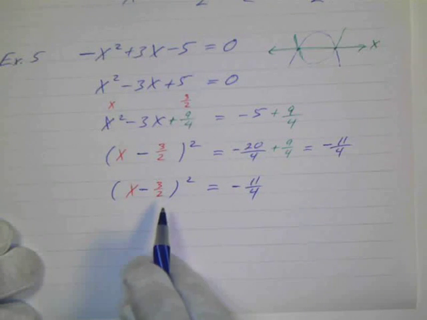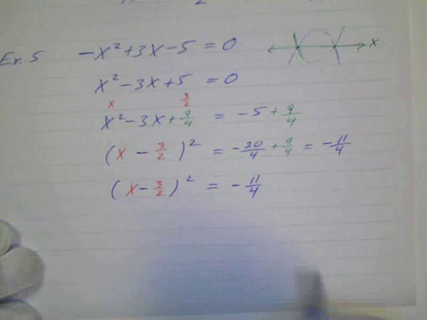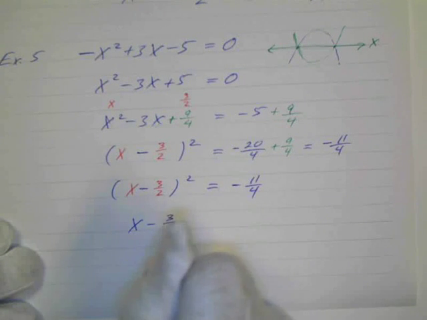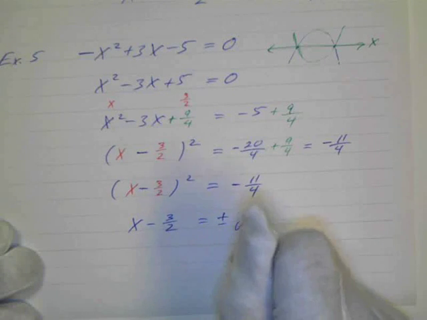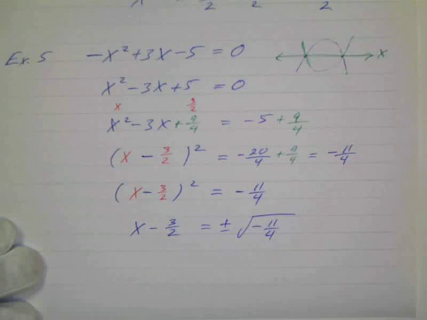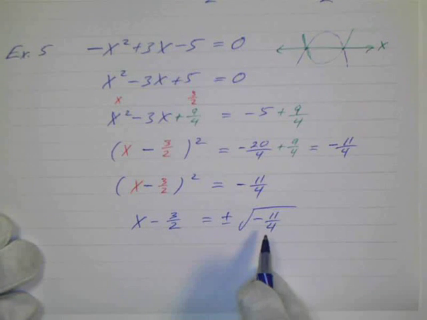So I know if x minus 3 halves squared equals negative 11 over 4, then x minus 3 halves equals plus or minus the square root of negative 11 over 4. Now we have the square root of a negative number, which is usually a no-no, but we're going to have a complex solution on this one.